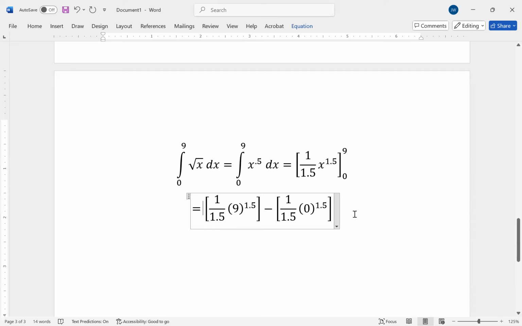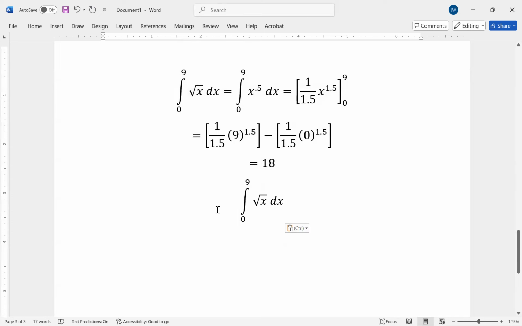So I get exactly 18 minus 0, which is exactly 18. So if I do the fundamental theorem of calculus by hand on the square root of x integrated from 0 to 9, I get exactly 18.